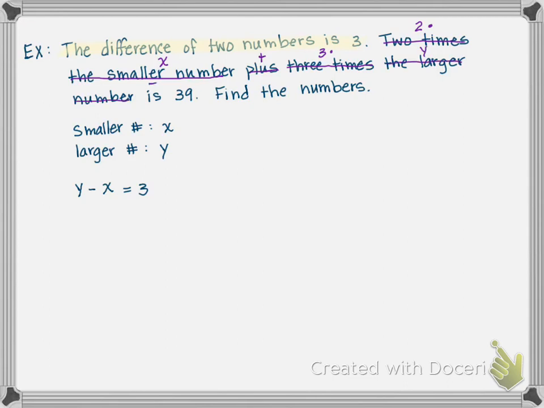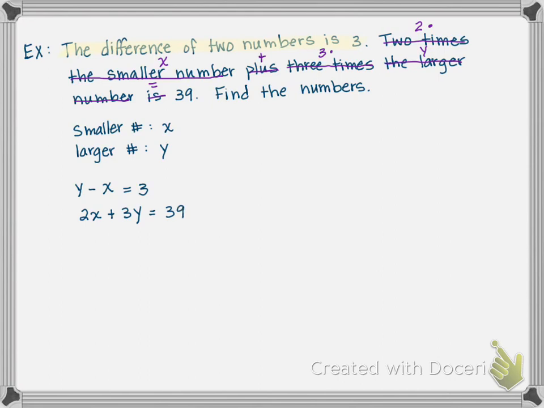The word is always equals, and then 39. So really just straight through, translate it into 2 times x plus 3 times y is equal to 39.